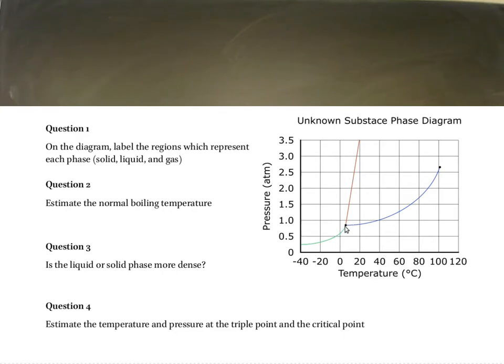Although I'm looking at my answer key I wrote up earlier, and I had put that at 0.75, so those are the numbers that we'll go with here. But probably that pressure should be a little bit higher than 0.75.